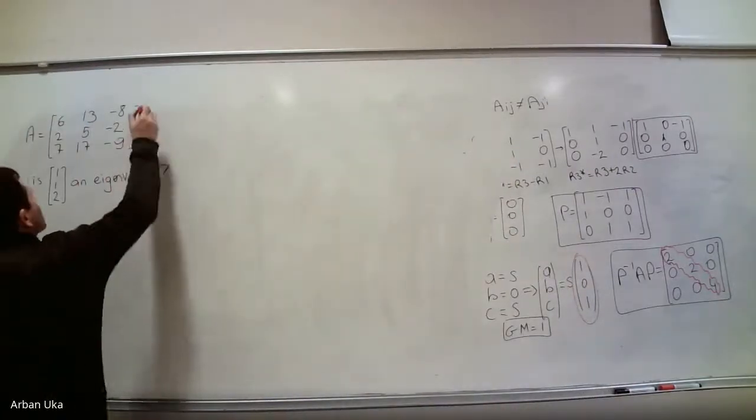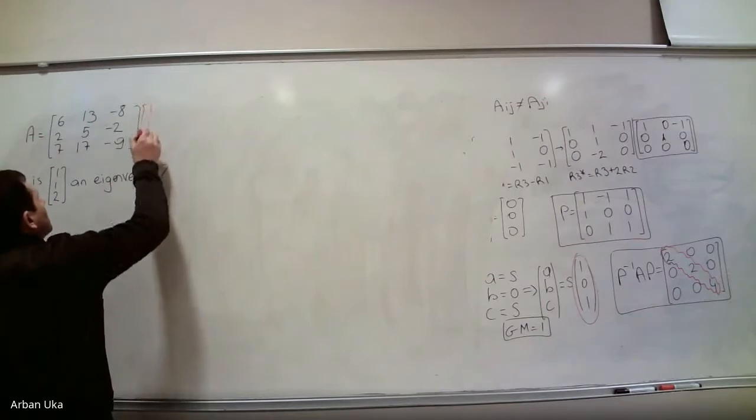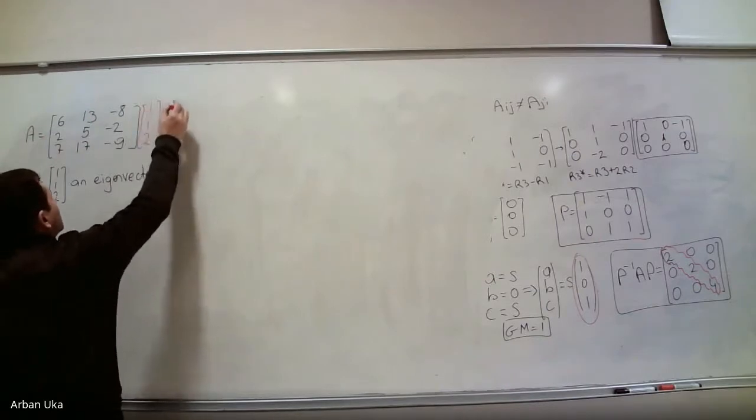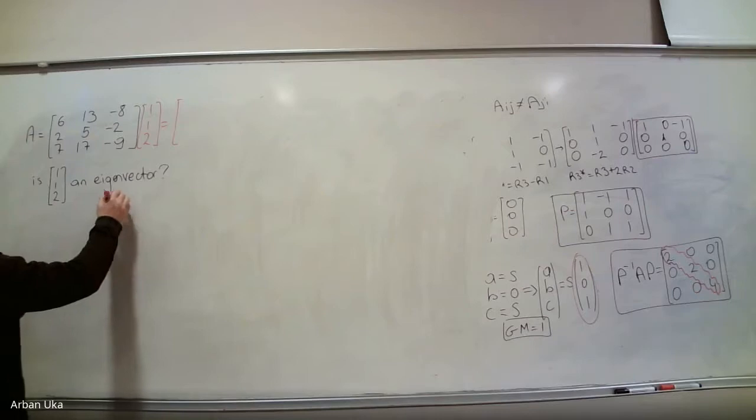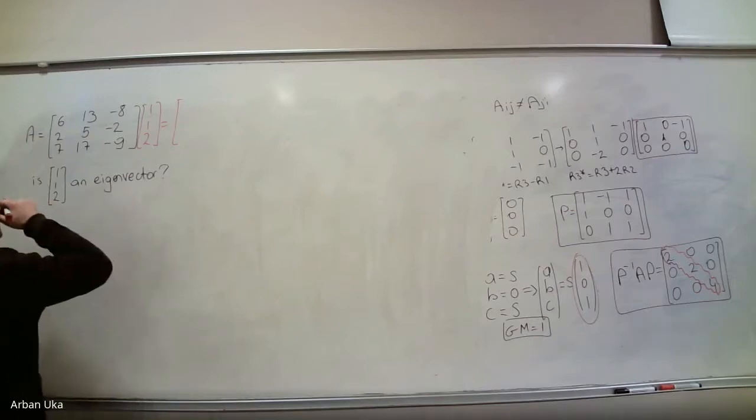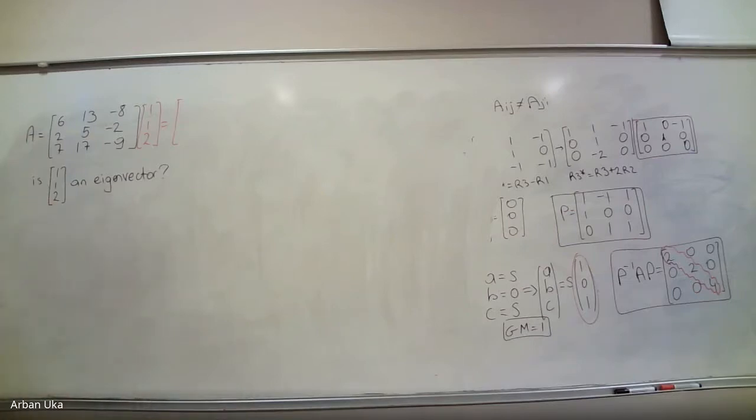So let's multiply this 1 and 2. And what do we get? Can you do the calculation for me? So 6 plus 13 is 19 minus 8.